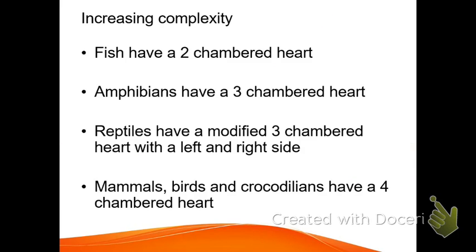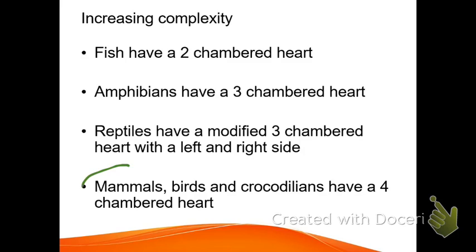Looking at closed circulatory systems only, we can have various levels of complexity. Typically, as the animal becomes more complex, so too will its circulatory system. So this can be used as evidence of common ancestry. The more complex animals have more similarities between them.